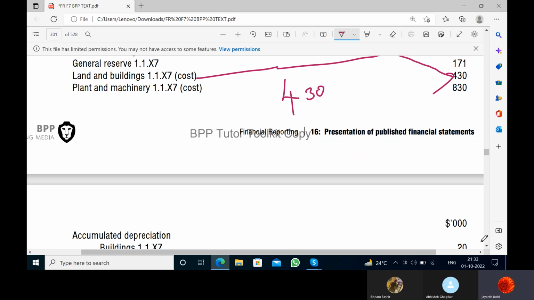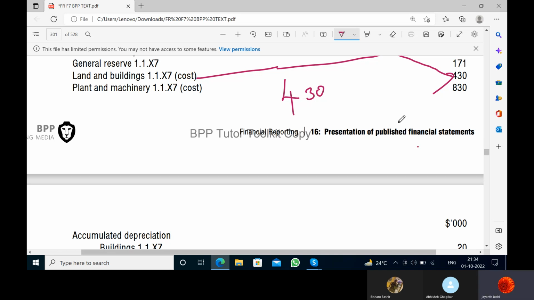Accumulated depreciation is an account which has the depreciation of the asset till date. Let's say the asset has been purchased 5 years ago.